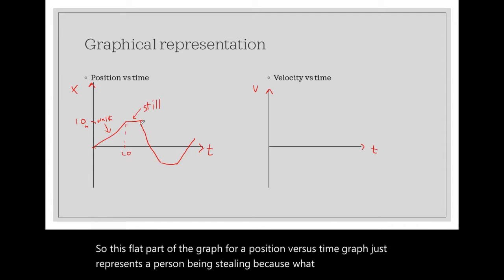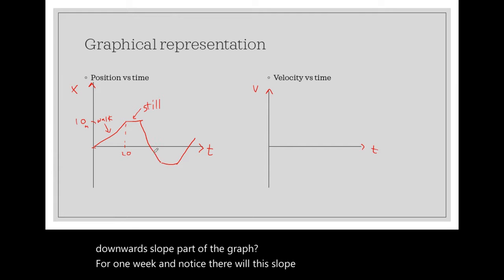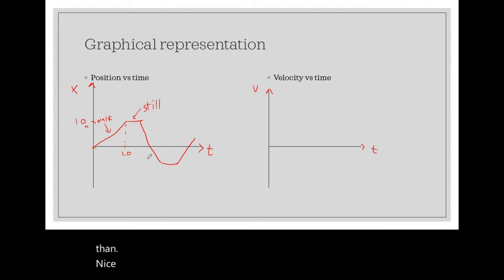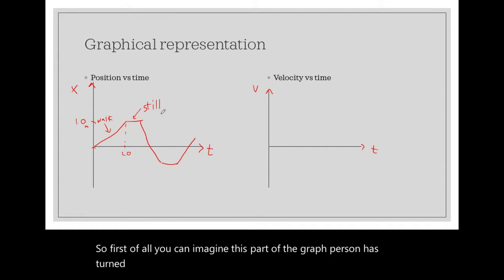Okay, so what about this downwards slope part of the graph? Well, for one, we can notice that this slope is a lot more steep than the first one. You can imagine that in this part of the graph the person has turned around and now he's walking in the opposite direction.